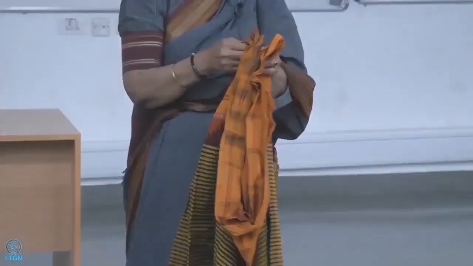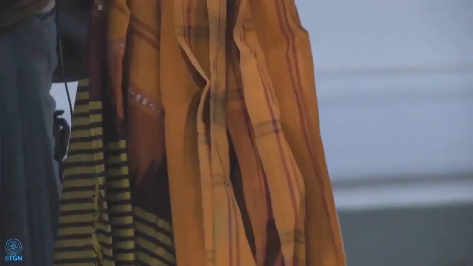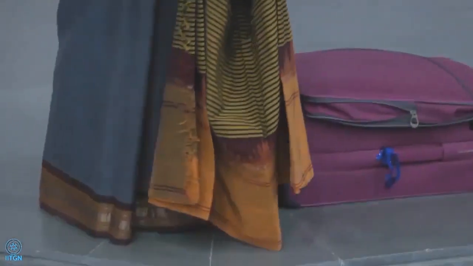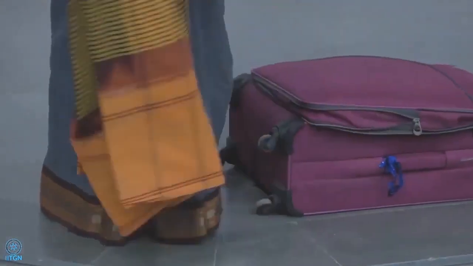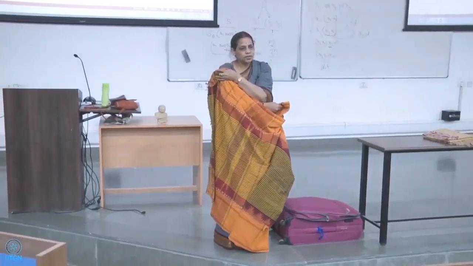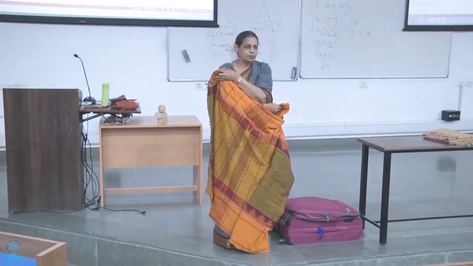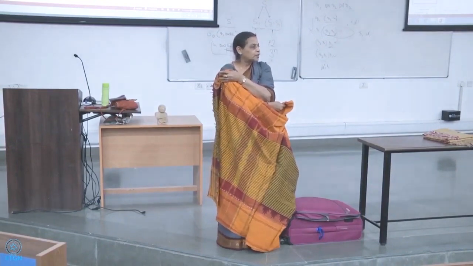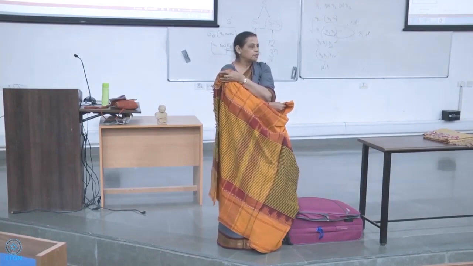Now what is interesting is that if you were to see the Koraput tribal sari, they have two pallas, domu. This too has two pallas. All other regions have only one palla. But in central India they have two pallas.